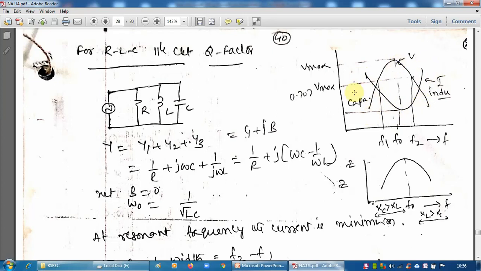Here, if we see the supply voltage value, sorry, this is not the supply voltage, this is the voltage across L or voltage across C. If we plot, it will be like this. Generally, the current response is taken into account for defining bandwidth and so on. So the current response of the parallel circuit is like this.